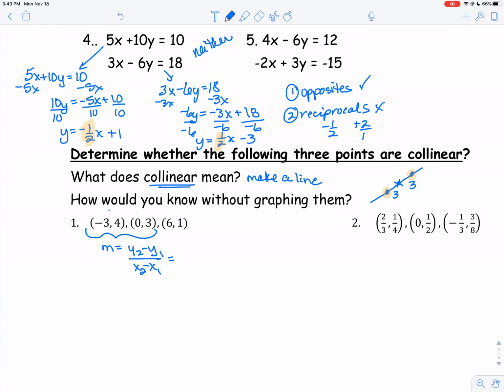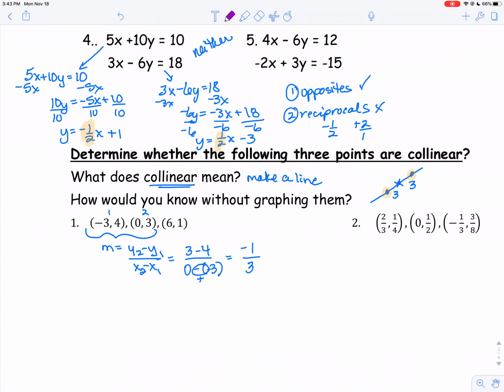I'm going to let this be point 1 and that be point 2. So I'm going to say 3 minus 4. And then on the bottom, 0 minus a negative 3. You have to watch out for that double negative. So that's going to be a negative 1 over a positive 3. So the slope between those two points is negative 1/3.